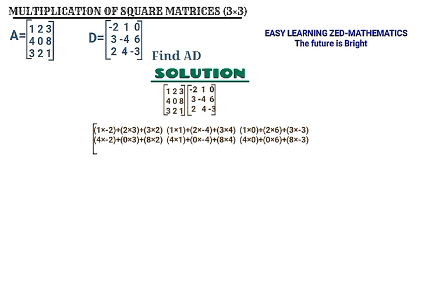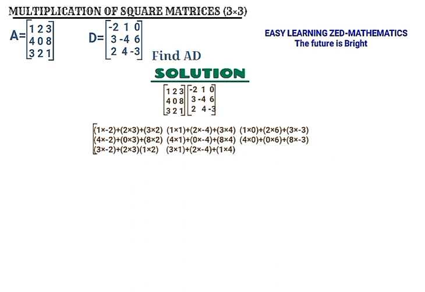Then next I'm going to go into the third row in the first matrix, multiplied by all the columns in the second matrix, which is going to be 3 by -2, 2 by 3, 1 by 2. Then I'll go into the second column, where I'm going to multiply 3 by 1, then 2 by -4, then 1 by 4.